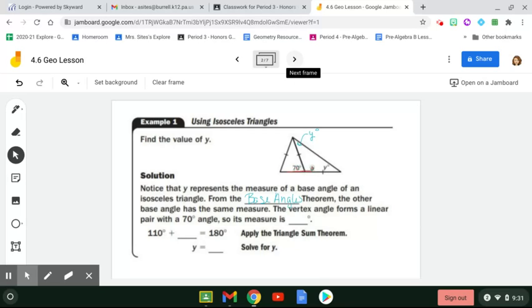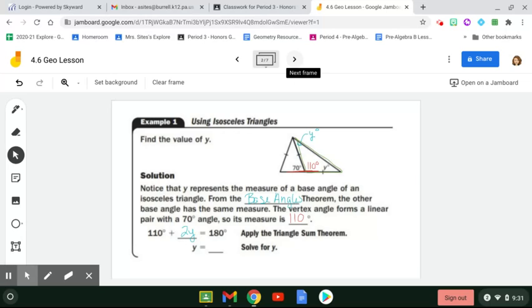Since we have a linear pair down here, it has to add up to 180 degrees, so this would have to be equal to 110 down here. Because we know that, and we know that there's 180 degrees total in a triangle, and this is the triangle that I'm highlighting here in green, if we add up the 110 plus the two measures of y, it has to equal 180 degrees.